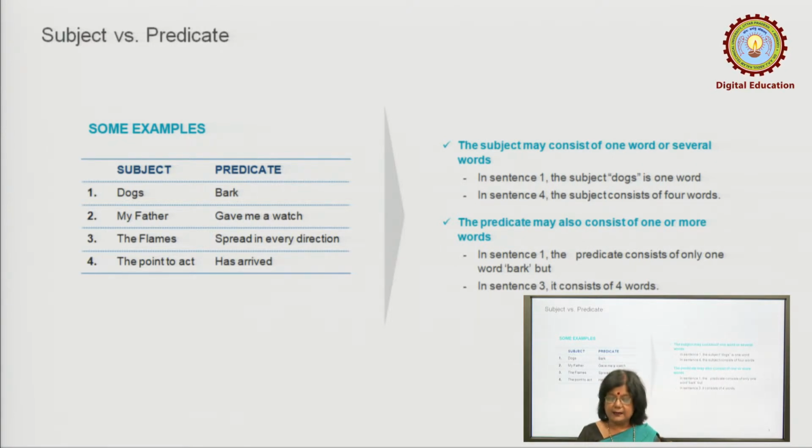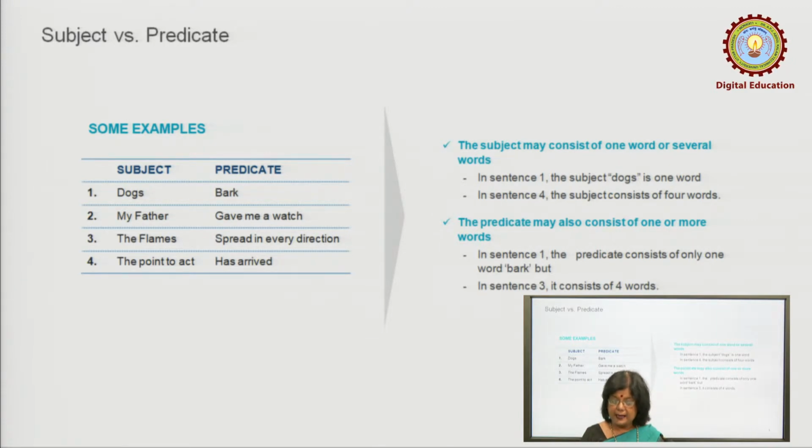Now, let us see, the subject may consist of one word or several words, as it is very clear in the first sentence, dogs bark. Here the subject is dogs, only one word.